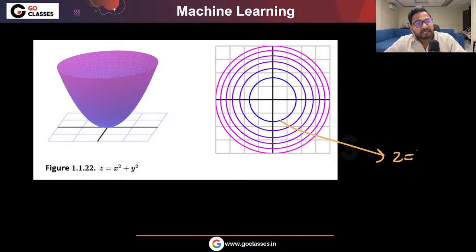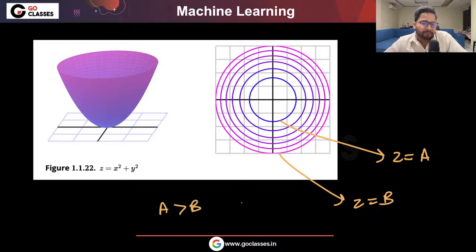Then the moment you are going outside, if I compare these two, suppose this is z equal to a and this is z equal to b. Can you tell me whether a is greater than b or b is greater than a? Which means, is this inner circle for the smaller value of z, or is the outer circle for the smaller value of z?